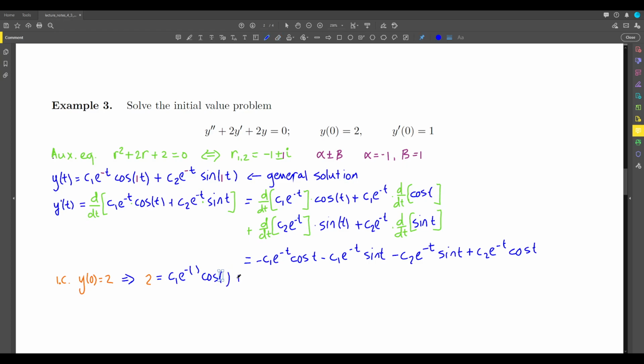And then plus c2 e to the power negative 0, and then we have sine of 0.